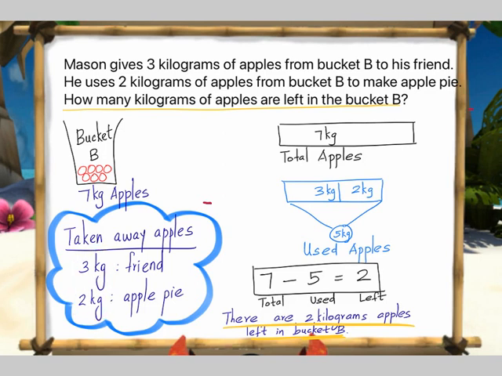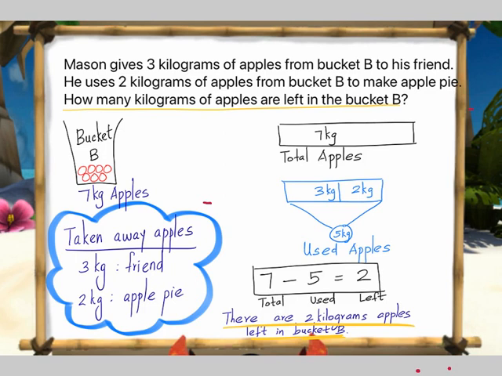Let us add those amounts that he took away and gave to a friend, as well as he made a pie. So when we added 3 kg and 2 kgs, we got 5 kgs. So 5 kg of apples was taken away from the bucket B.